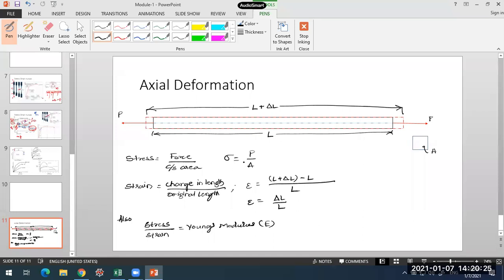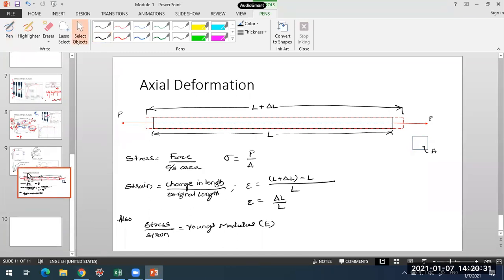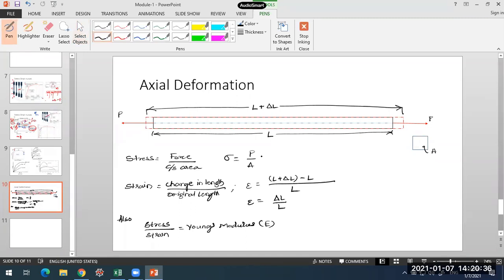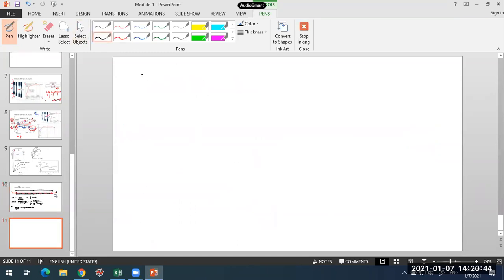If I use my stress and strain expressions, taking them as equation 1 and equation 2, I'll have Young's modulus E as stress P by A divided by delta L by L.